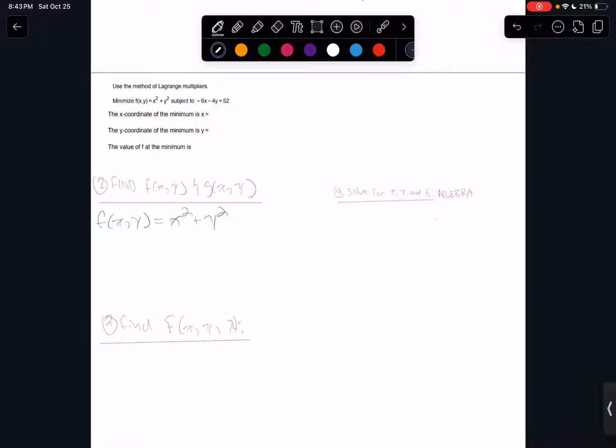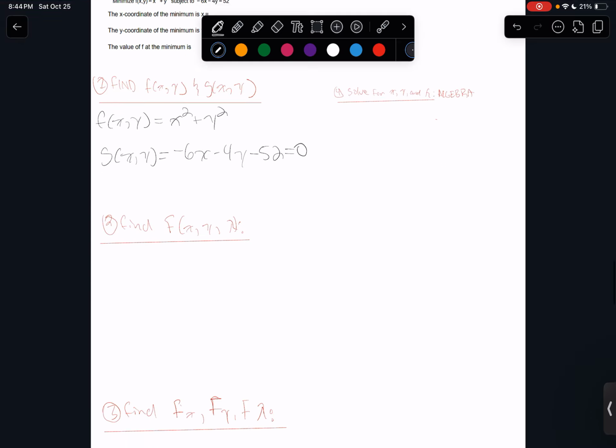It was simply given to us. g(x,y) we know must equal 0, and we have 52 here, so we're going to subtract it from the right side to the left side. Very simple. Don't miss this step because we're going to have a hard time down the line rectifying that. Minus 52 equals 0. And step 1's done. You should be proud of yourself.